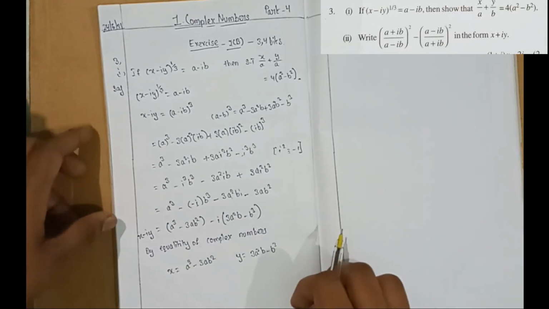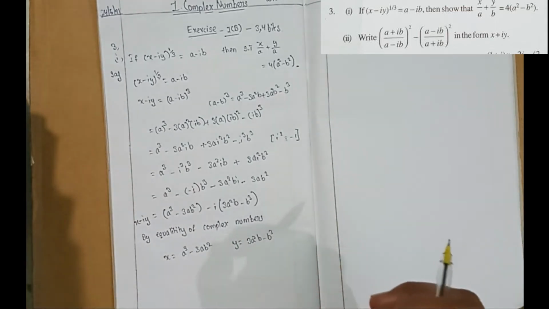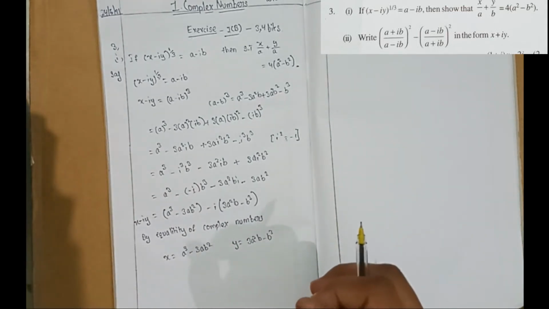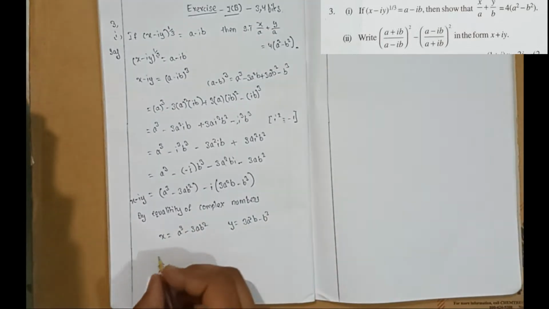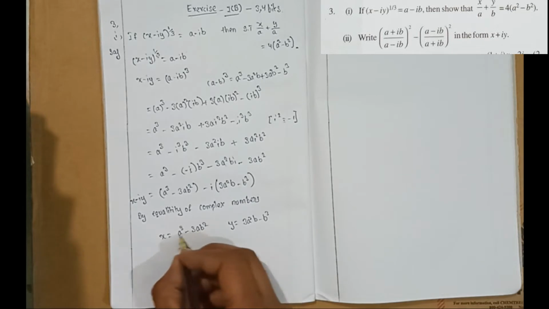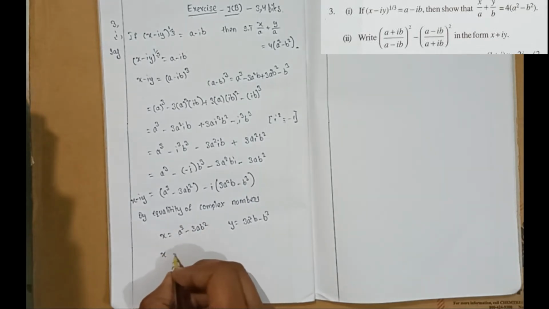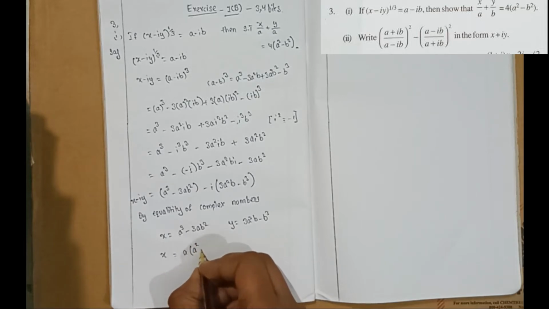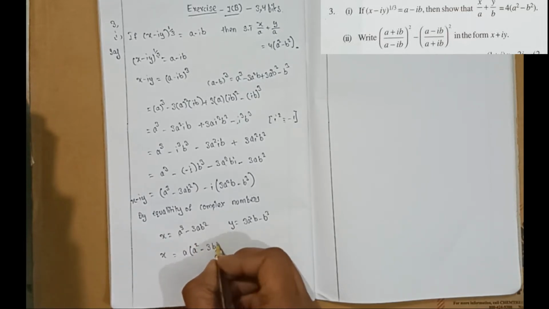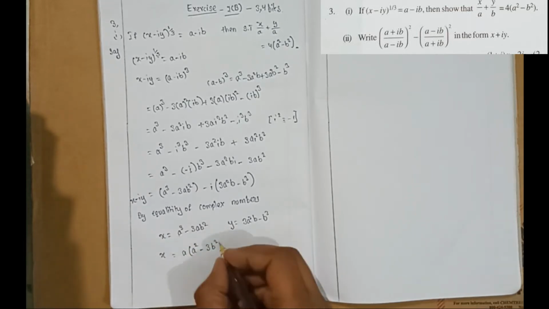In the question they asked for x by a. Now we have to take a common in this equation, so it will become a square minus 3b square because we have taken a common.